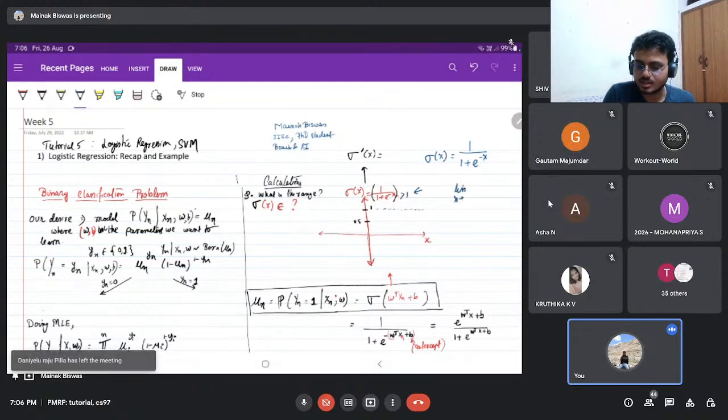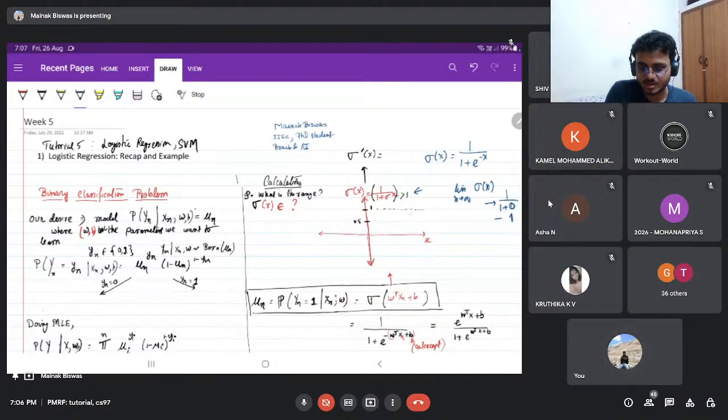As x tends to infinity, where does sigma of x tend to? It tends to 1 over 1 plus 0, that is 1. And at 0, you can clearly see it is half, because sigma of 0 is equal to 1 over 1 plus e to the power minus 0, that is half.